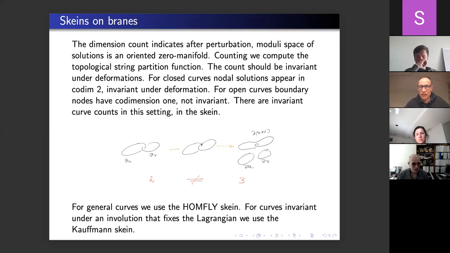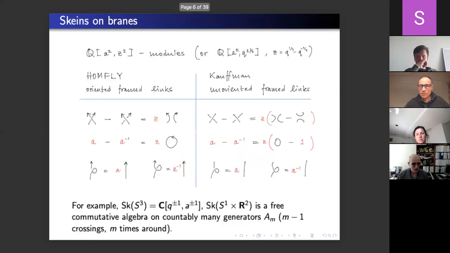So let me tell you what this skein module is. The skein module somehow came from Chern-Simons, indeed. Maybe it was invented a little bit independently, but in this famous Witten paper, he relates it to Chern-Simons. If we just want the definition first, we take a two-variable ring, with variables A and Z, and there is a famous substitution which substitutes Z for q minus q inverse, with half exponents.